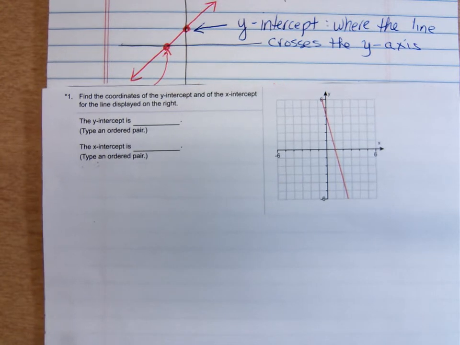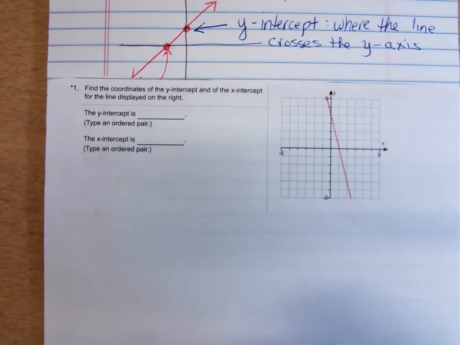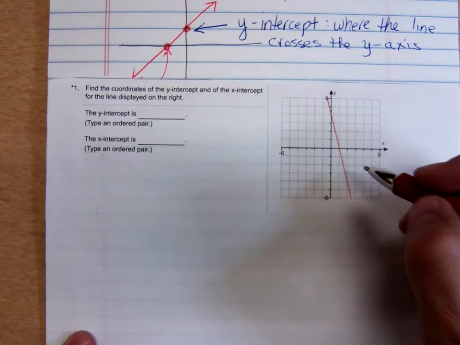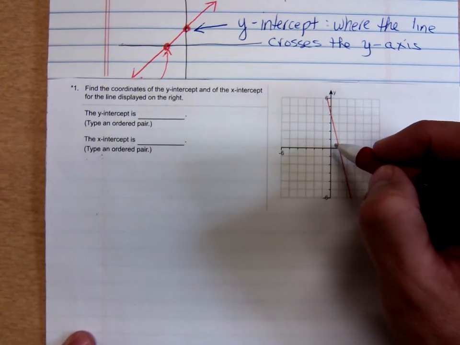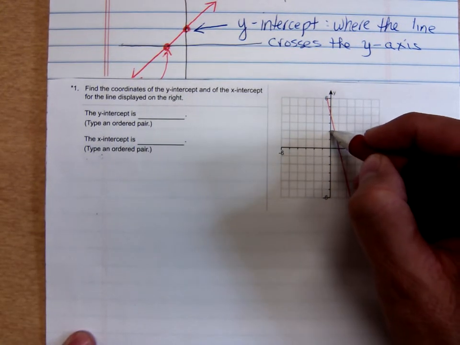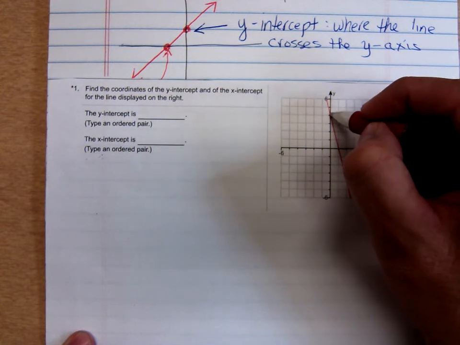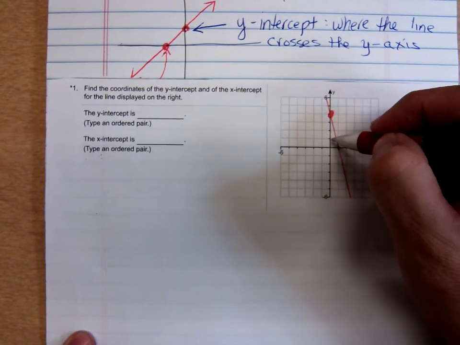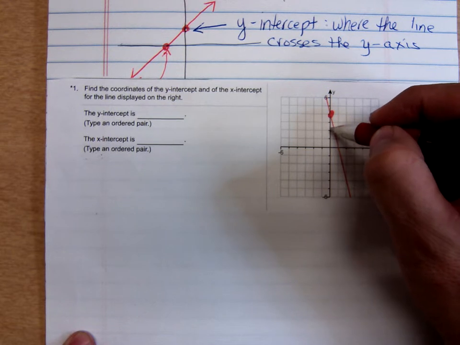The first thing it asks for is the y-intercept. So let me put a big dot where the graph is crossing the y-axis. It's sort of hard to tell, isn't it? Would it be right here? Those of you with the good eyesight, what does that look like?